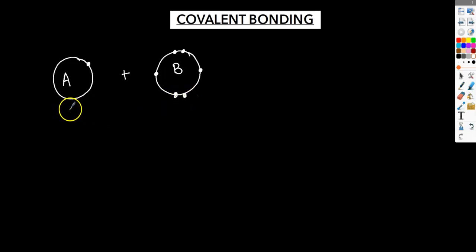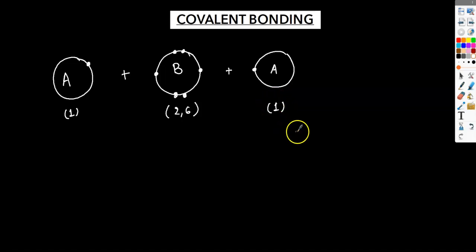So A had electronic configuration 1, B had 2,6, and there is one more atom A again with 1 valence electron in its valence shell.